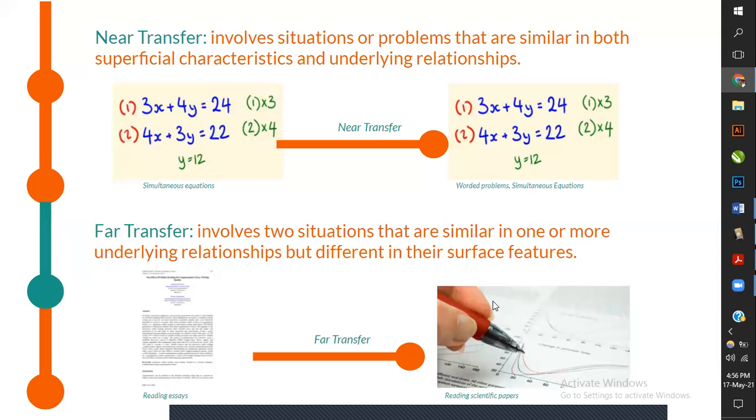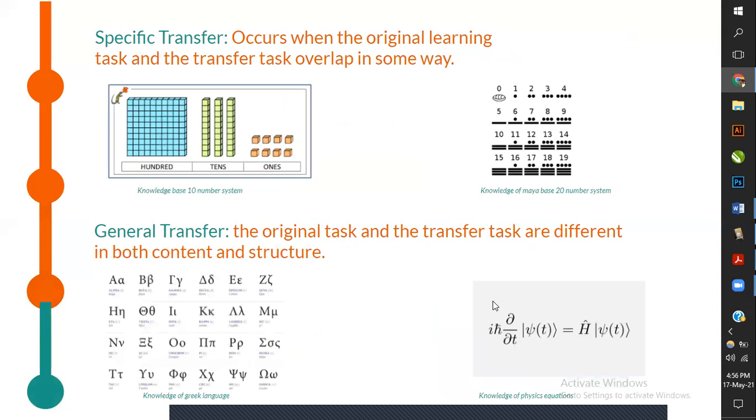So that's far transfer. And specific transfer occurs when the original learning task and the transfer task overlap in some way. For example, when your knowledge of base 10 systems helps you in learning the base 20 numerical system, the Maya one, right? In primary school, before we even learned the Mayan system, we had to learn numbers.